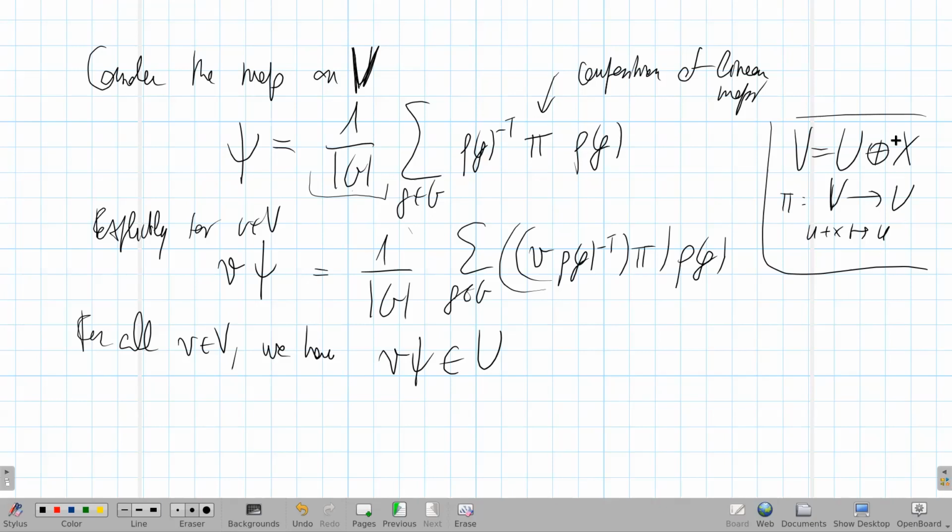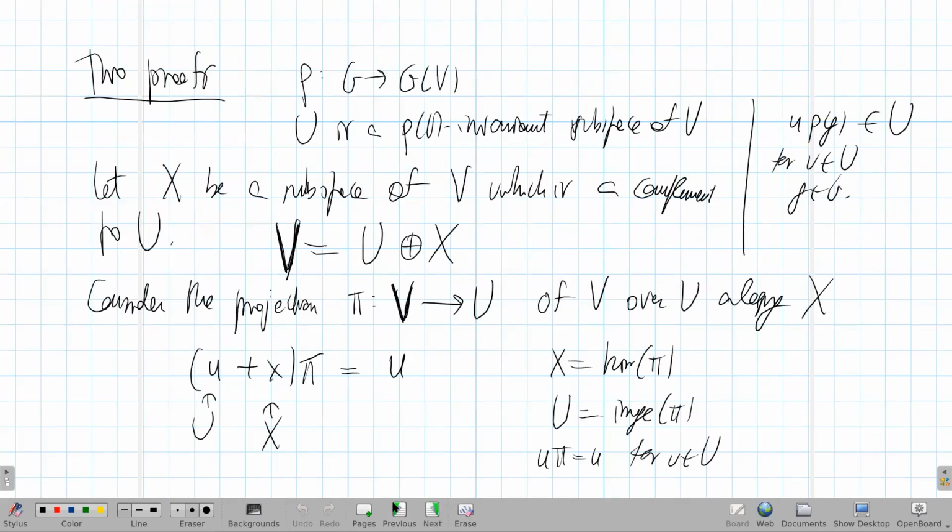Well, let me rewrite this correctly because there's not much difference between my V and my U. This time it should be clearer. So this is simply an element of V, but once I apply pi, I get into U, okay? So this is an element of U. And remember, our assumption is that U is rho G invariant, okay?